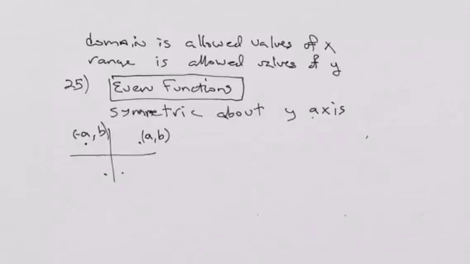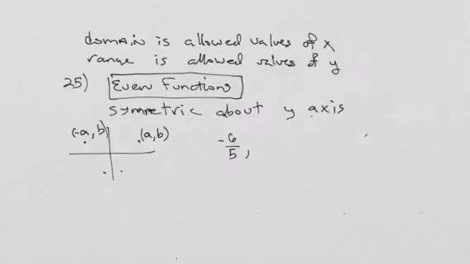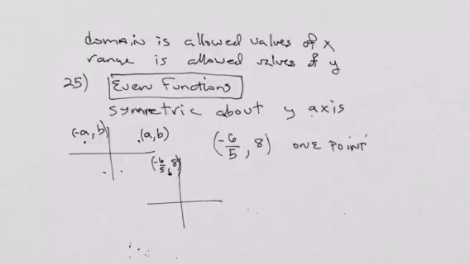If you have the point negative 6 fifths comma 8, if that's one point and it's symmetric about the y-axis, which is what it means when it's an even function, that's the point we're talking about, then I must have a point over there, symmetric about the y-axis.